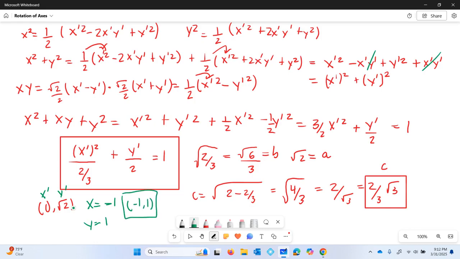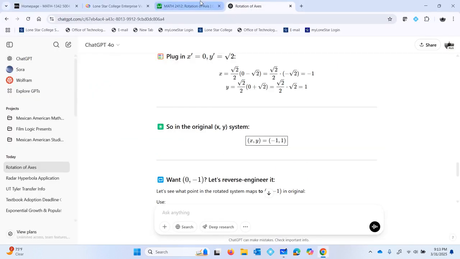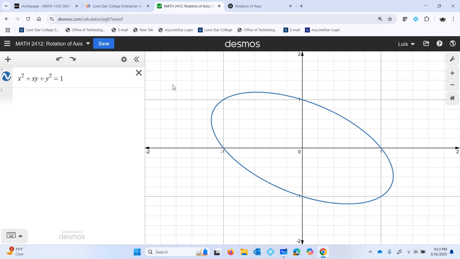So if we go back to the graph of the equation, looking at this carefully, -1, -1, there you go, there it is.